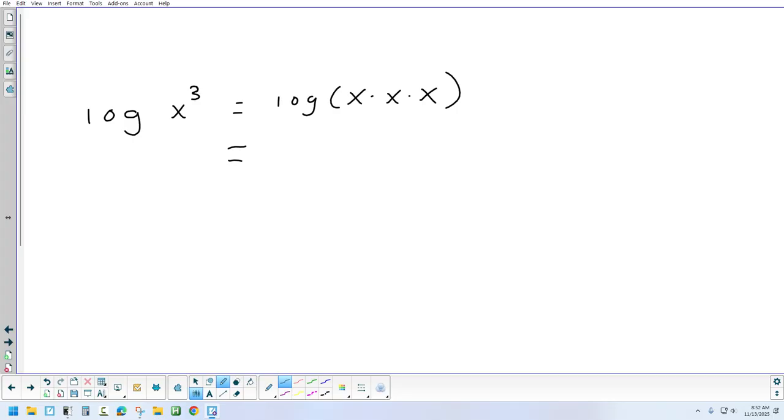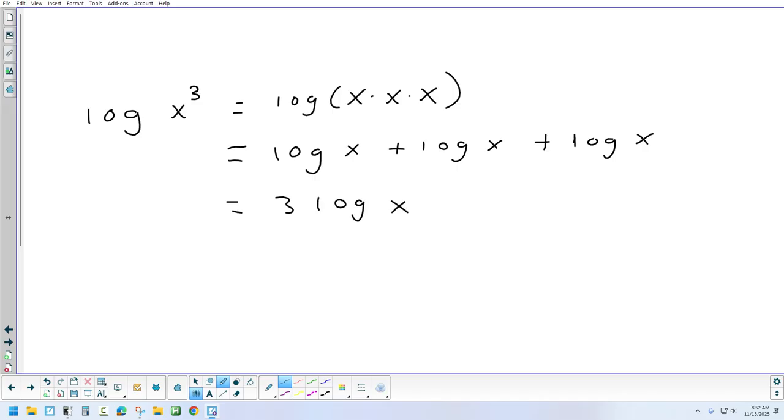Would it just be log x plus log x plus log x? Yeah, it would be log x plus log x plus log x. Now, log x plus log x plus log x, we could combine that and write it in a shorter way. What's log x plus log x plus log x? Yeah? 3 log x.